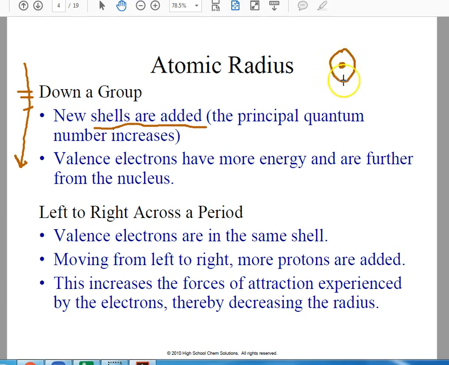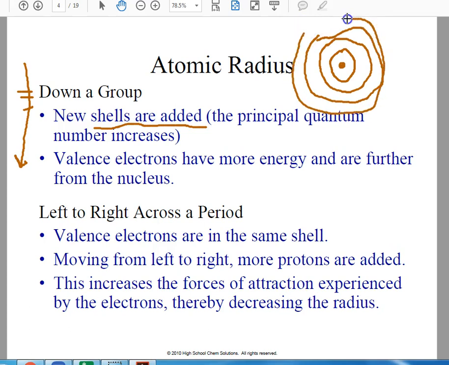On the first row, you only have one shell, or one orbital. And then the second row has another shell, and the third row has another shell, and so on and so forth. So as those orbitals are added, sorry, that's pretty messy, but you can see that the atom is going to, of course, get bigger as those orbitals are added.